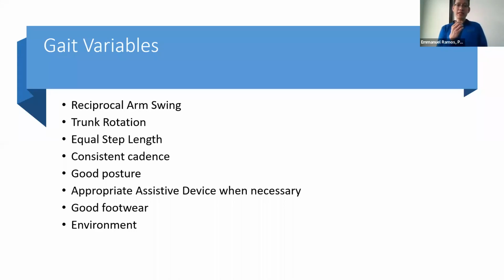Appropriate assistive device when necessary. So we look at whether the patient is using a cane or a walker or crutches or any kind of device, whether it's an orthosis for the foot or a knee brace or a back brace, those things that we look for, which will help them walk better. Good footwear is also one thing that we look for, right?